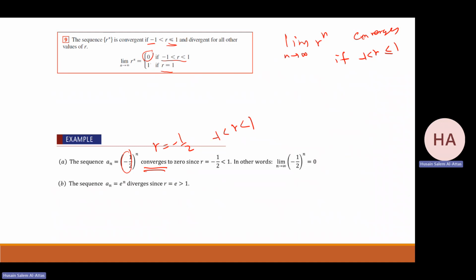E to the power n, think about E. E is greater than 1. So I am in which case? Let me state it in a good way.